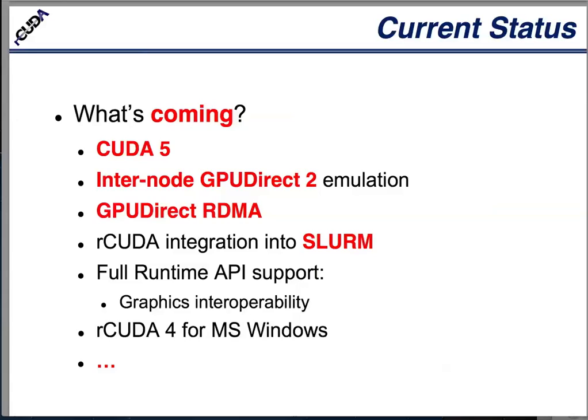We have to perform transfers with the new GPU Direct RDMA coming with CUDA 5, and we also have in mind to integrate rCUDA into SLURM, so that the global job scheduler is aware of the new concept of a shared pool of accelerators, in order that SLURM assigns the different GPUs to the jobs.